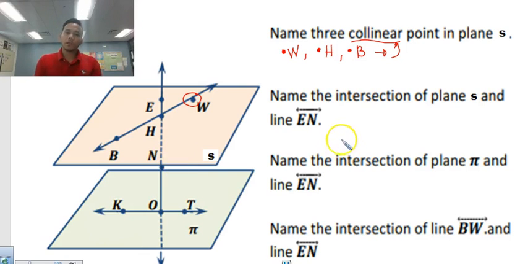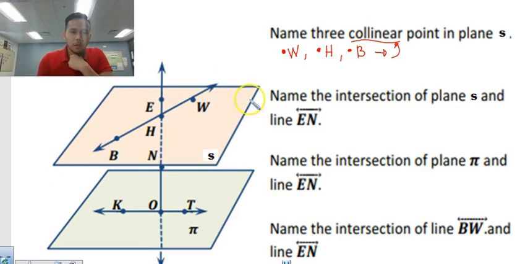Next question: name the intersection of plane S and line EN. When you look into the illustration, your plane S is this one. What color is this, is it brown or light brown?